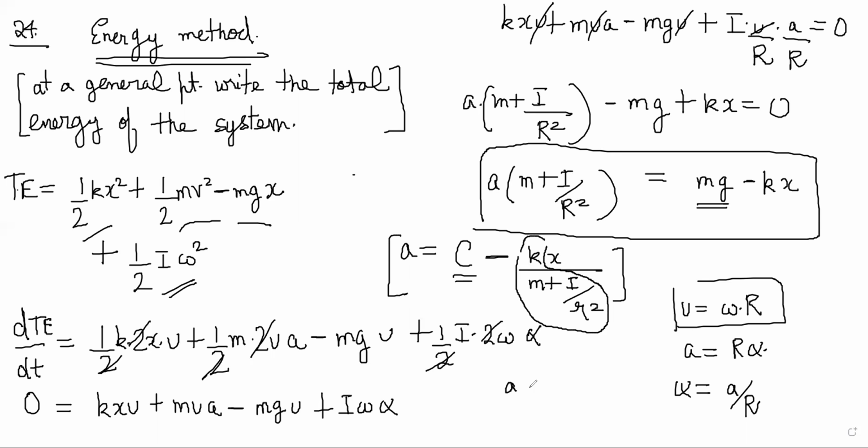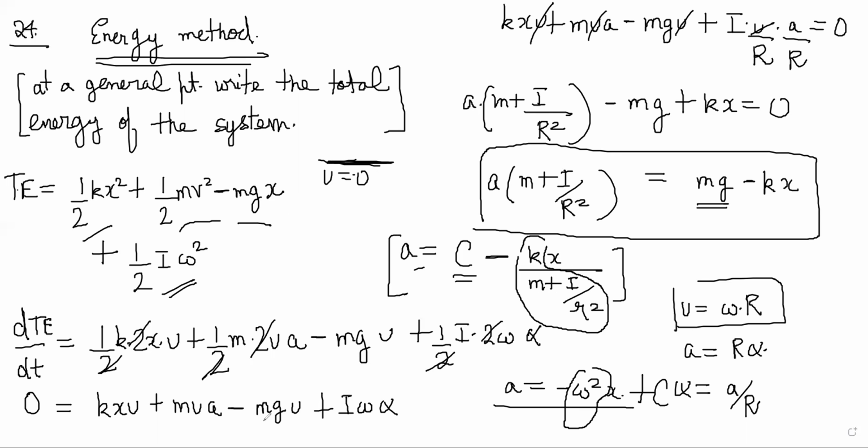Generally you are supposed to get something like this, but there is an extra constant here. That constant basically determines the amplitude, and we have chosen it at that point where u is equal to 0. So we cannot get rid of that, but acceleration is still proportional to minus x. The constant of proportionality is this omega square, k by m plus I by r square.